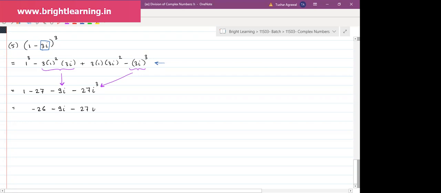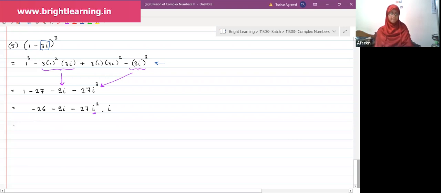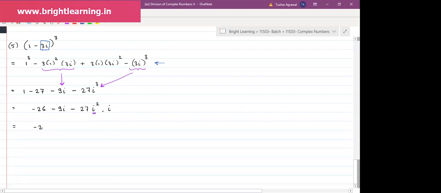That i cube I will write as i square and i separate. And this i square I can write as -1. Yes. So that -1 will change the sign. So -26, -9i, it will become here plus 27. That i square made it plus, and here it is i. Okay. So -26 plus 27i minus 9i is 18i. Got it? Yes, sir.